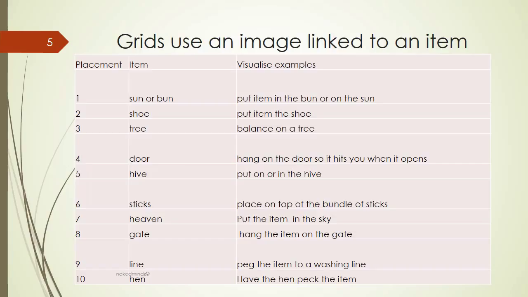Now what you have to do is put the item into the sun or into the bun for number 1. So you put the items in or on the object in some way that is quite humorous and that you can remember. This is a very effective way of remembering names at something like a meeting or a social, because you can put John into a bun, Susie into a shoe, and so on and so forth.